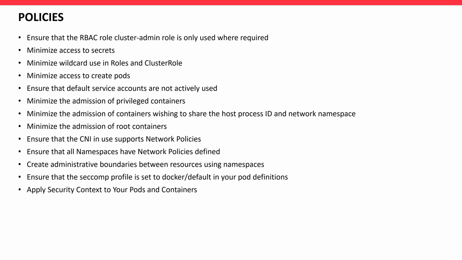Use a DevOps secrets management tool for secrets, so you will have more security for those secrets. Minimize wildcard use in roles and cluster roles. Minimize access to create pods. Not everyone should have the ability to create pods. You have to have the right RBAC control to minimize it.